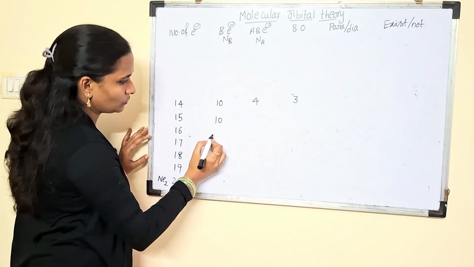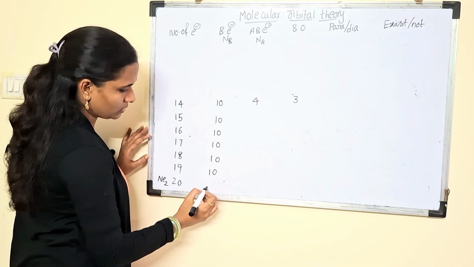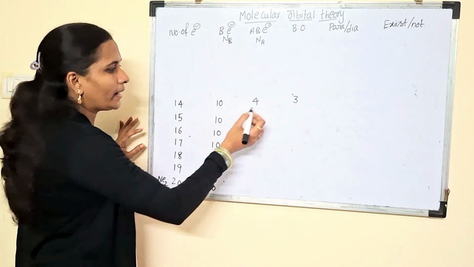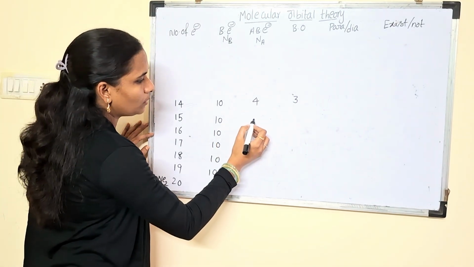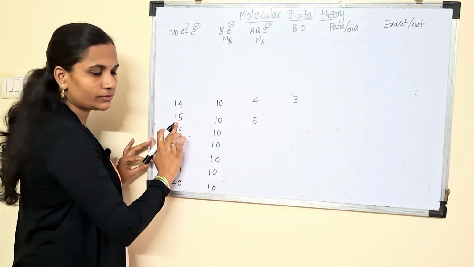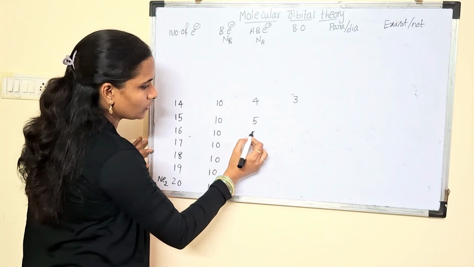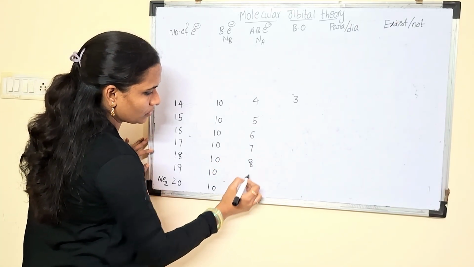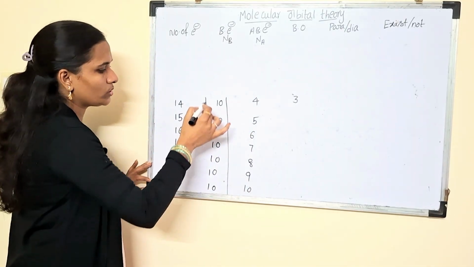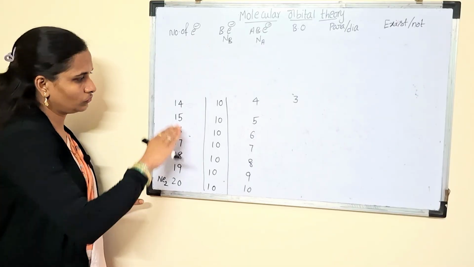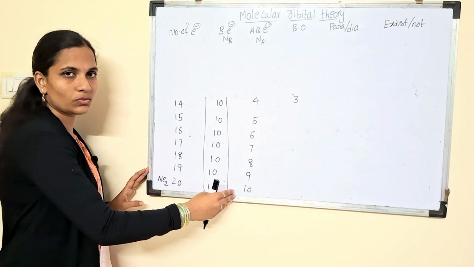For 16 also 10 bonding electrons, for 17 also 10, 18 also 10, and 19 also 10, and 20 is also 10. Now anti-bonding electrons you have to increase by 1. Then anti-bonding electrons are 5. So total electrons are 15, bonding electrons are 10, and anti-bonding electrons are 5. And after that 6, 7, 8, 9, 10. So these are the anti-bonding electrons. In this, bonding electrons are fixed. From 14 to 20, bonding electrons are 10 and anti-bonding electrons will change.